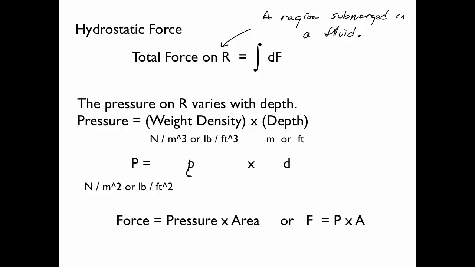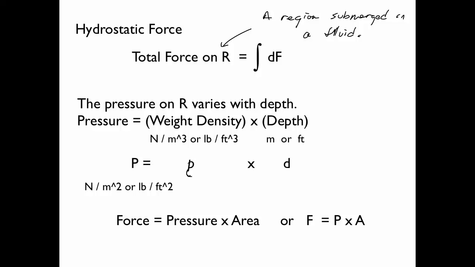But as soon as you move down a little bit, the pressure changes, so the force changes. Just like with the work problems, we need some element for which we can calculate a little bit of force that doesn't change. What kind of geometric element are we going to have so that we can calculate an amount of force, considering the pressure to be constant?